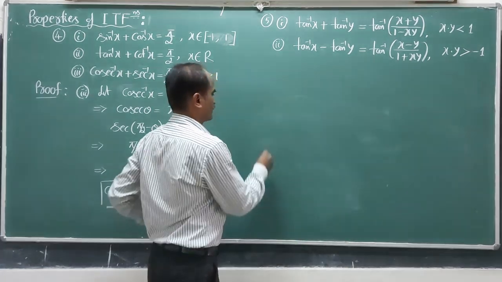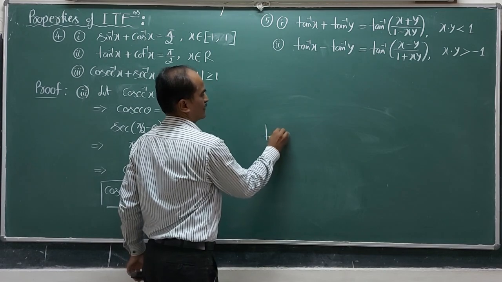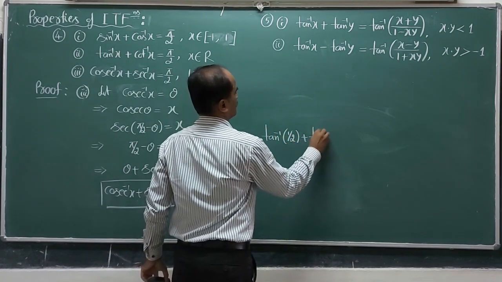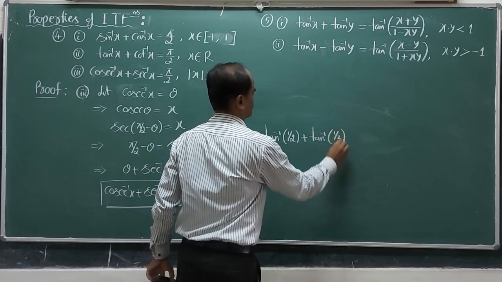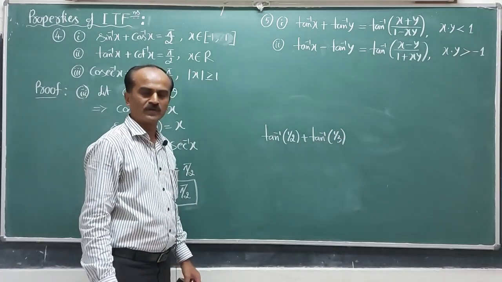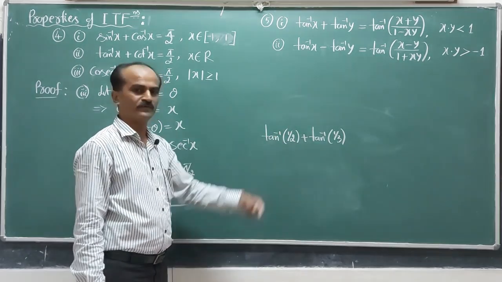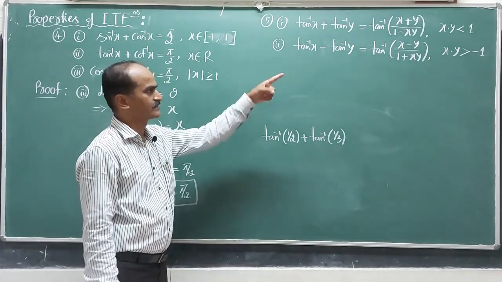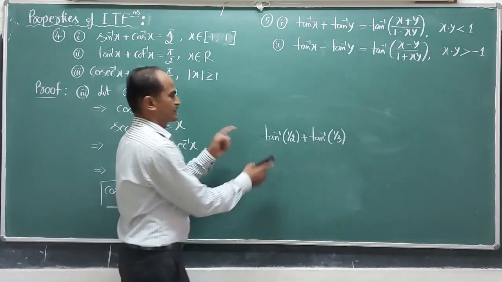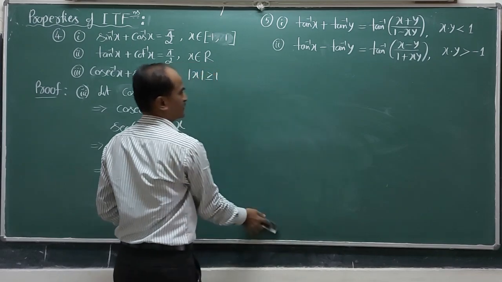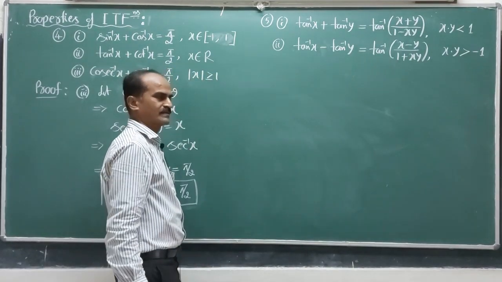Maybe one example I can give: tan inverse of 1 by 2 plus tan inverse of 1 by 3. Now look at 1 by 2 and 1 by 3. 1 by 2 is x, 1 by 3 is y. x into y is 1 by 6, which is less than 1. So this is how we can apply the formula. That is a limitation here: the product of x and y must be less than 1.